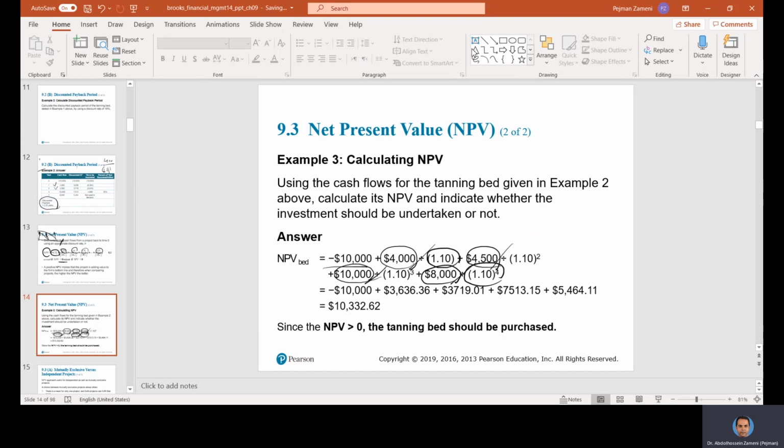And then when we calculate all these numbers, minus the 10,000, it shows that, oh okay, actually we are creating $10,332.62 for the company. It means that the NPV is bigger than 0, and we're going to accept the project, and we're going to buy the tanning bed.